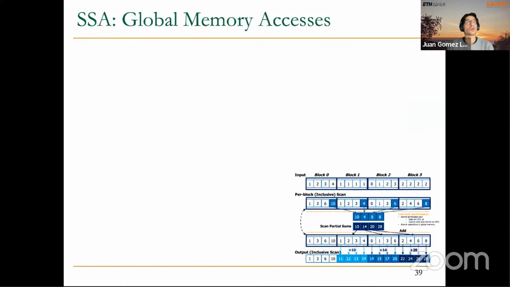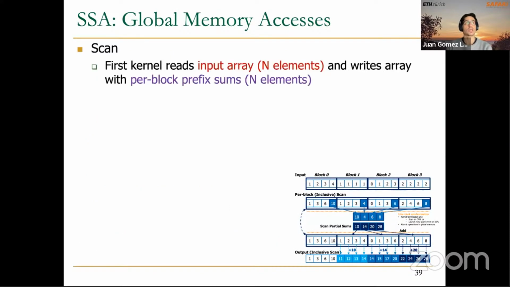And that's why we need to analyze the number of global memory accesses in each of these 3 steps. In the first step, the scan operation, the first kernel, we have to read the whole input array. This input array has n elements, right? After reading the whole input array, we compute the per block inclusive scan, and we have to write the partial results, this partial scan, again to global memory.